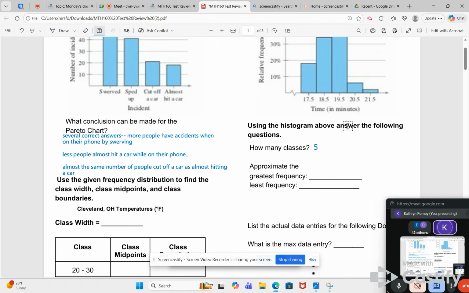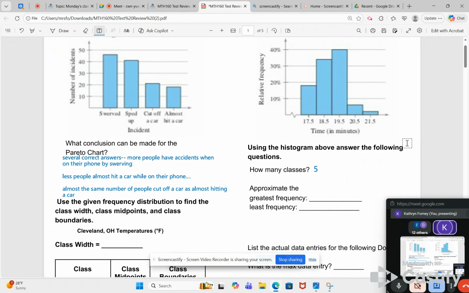Now, I say that because you could have a gap, so you could have another class with a space in it. So, approximately, what is the greatest frequency? 40%. Now, sometimes I have people that want to say 19 and a half, but that's not frequency.